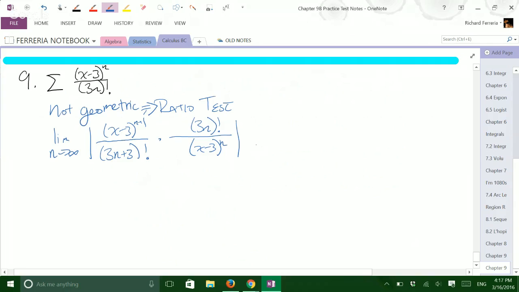Let's simplify that. The x minus 3's simplify nicely.